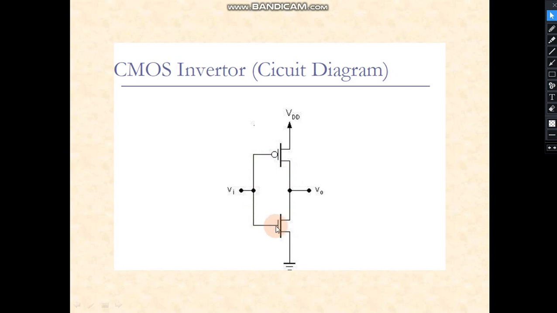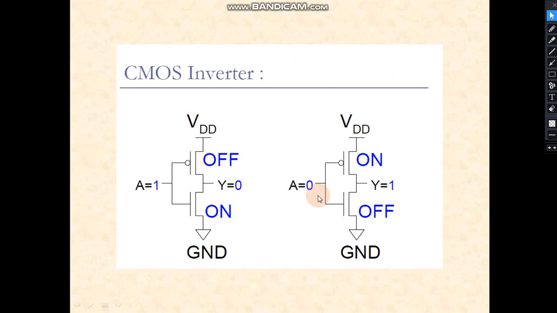The gate is common. We have applied an input Vi, a supply VDD and ground, and at the output we will get V0, that is the complement of the input. So this is the operation of the CMOS inverter.